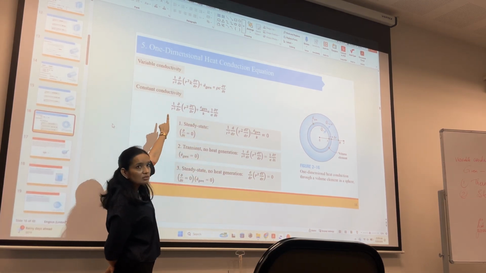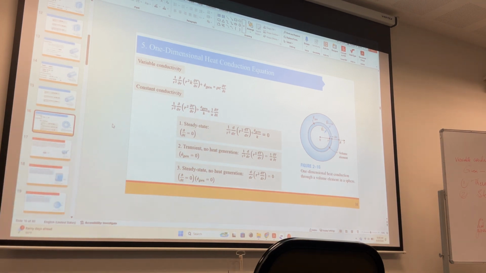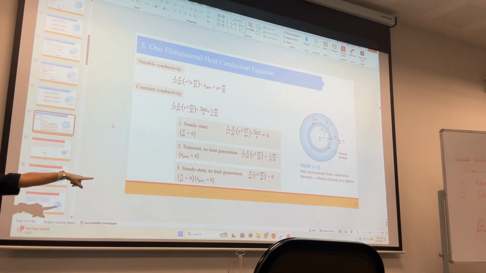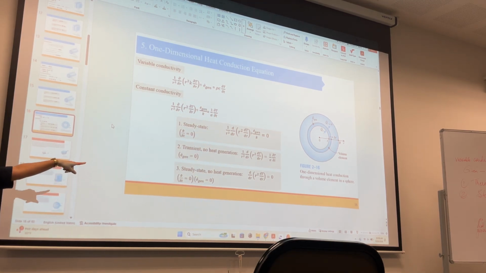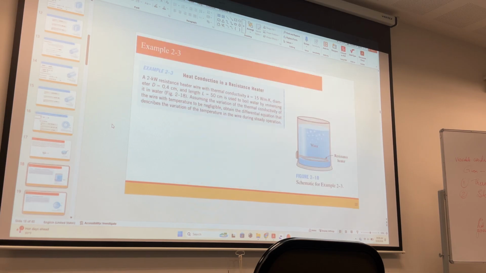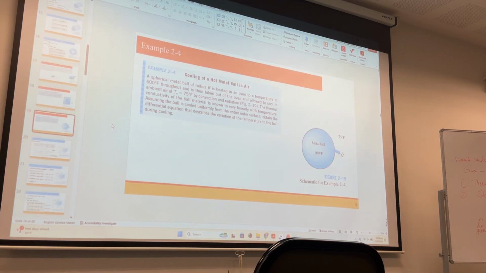Only first. So when your question is saying there is a variable conductivity, we use the first formula. First formula in spherical coordinate. Okay? The object that you are dealing with in your numerical is spherical.